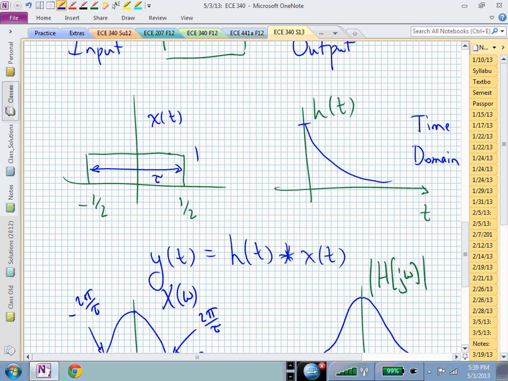What if this started here and just never finished, what would that be? And maybe we shifted this to where it didn't start at minus 1/2, but it started right at t equals 0. Then what kind of an input do you have in your system? That's just a step, isn't it? So in the frequency domain, that would be 1 over s.